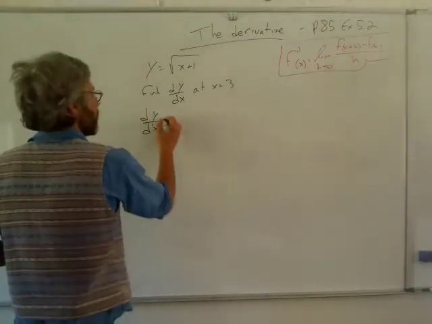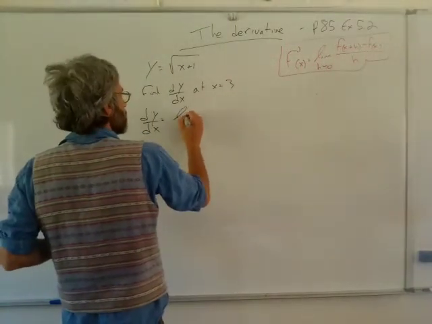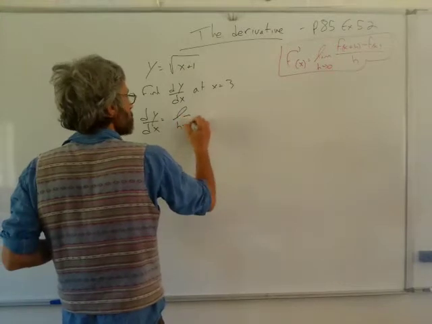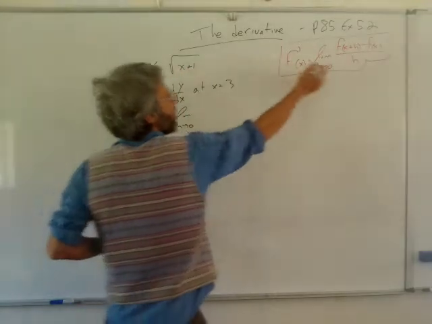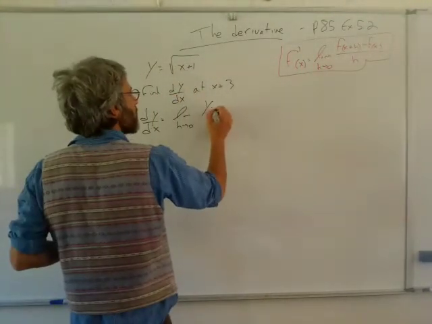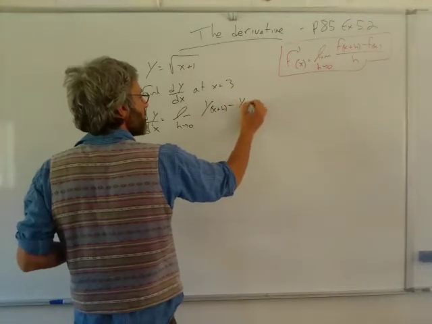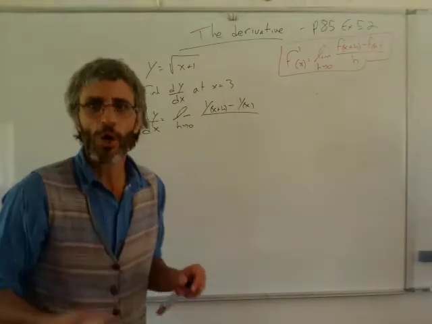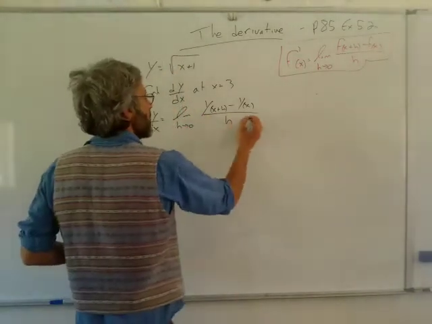So, according to the definition, it's the same thing. It's the limit when h approaches 0 of f of x plus h minus f of x, or let's say y of x plus h minus y of x, because we're working with y's now. It's all the same thing. y of a certain x is the same as f of x, divided by h.